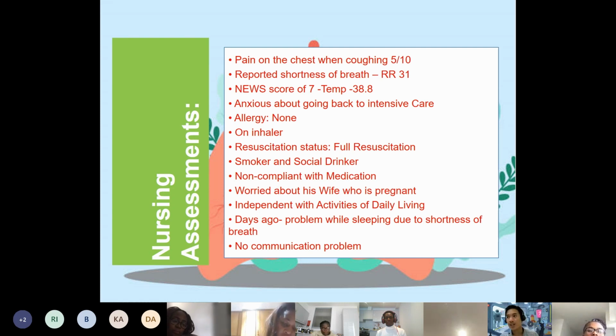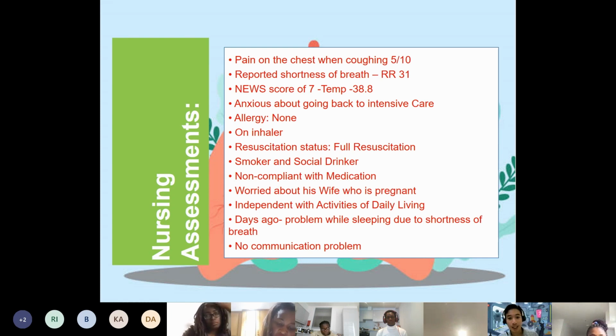Next, John reported shortness of breath, and you check his respiratory rate, it's 31. It's on the high side. Remember, 25 and above, John will automatically score 3 in a single parameter. See on the screen, it's showing the NEWS is 7.